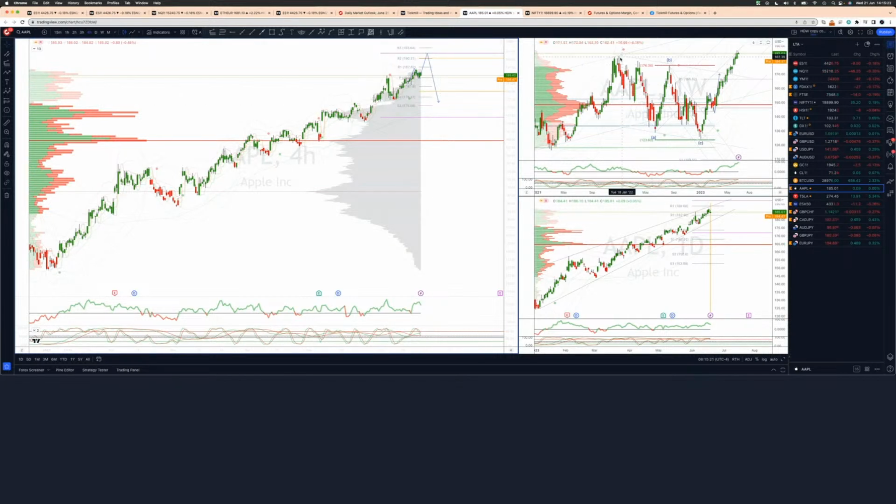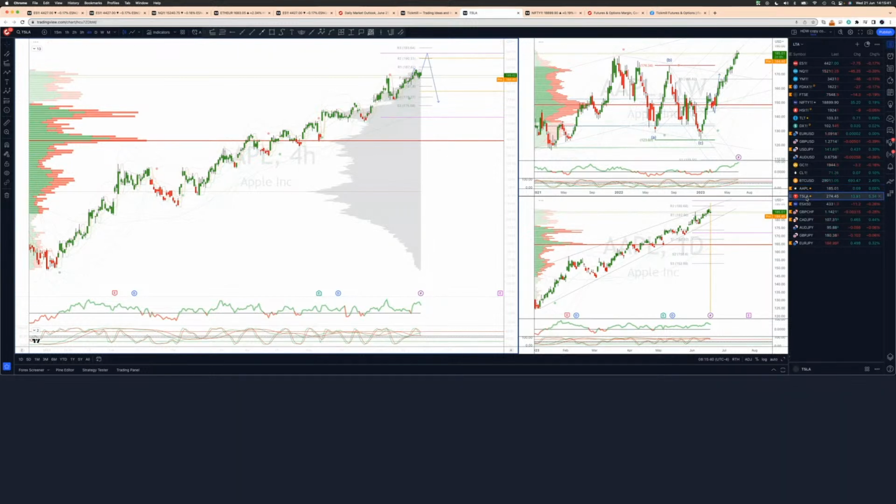We have broken two new all-time highs, so I'm certainly not bearish in terms of suggesting that we have seen a top here in terms of Apple. We can extend further, but we're certainly looking a little bit stretched in the interim. And so I'm going to be looking to fade moves 190 to 192.